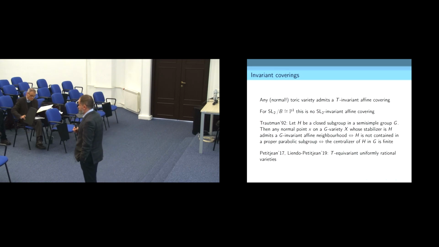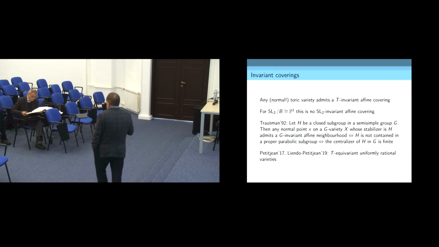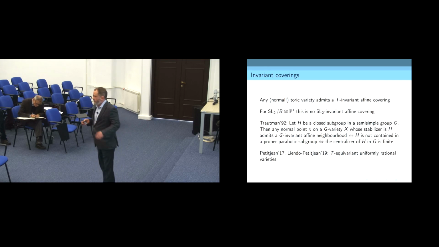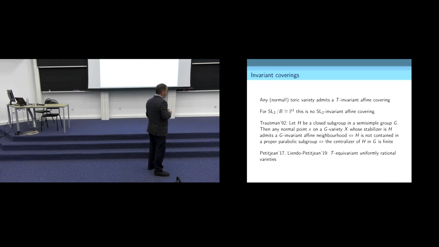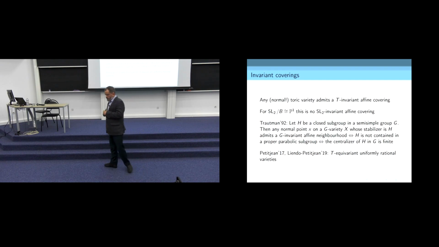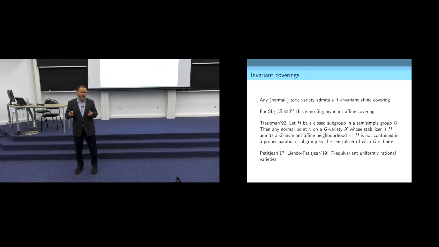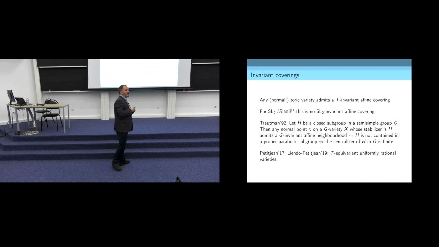And this is a crucial step in the theory of toric varieties, because that is why we have the theory of fans. A fan is a finite collection of cones, and these cones correspond to such open T-invariant affine subsets. And a toric variety, by definition, is assumed to be normal. But if you skip this condition to be normal, then this fact doesn't hold. You cannot always find a T-invariant open affine covering.